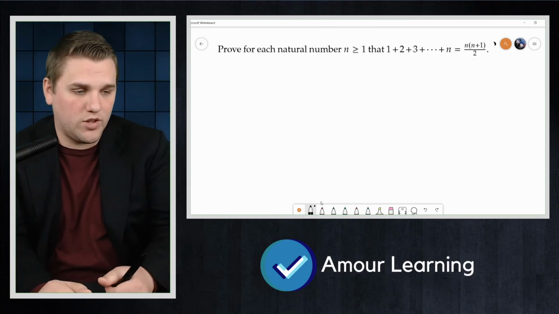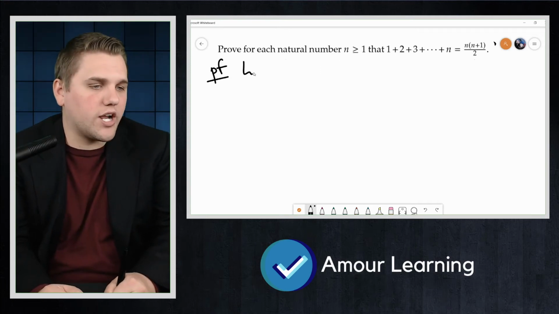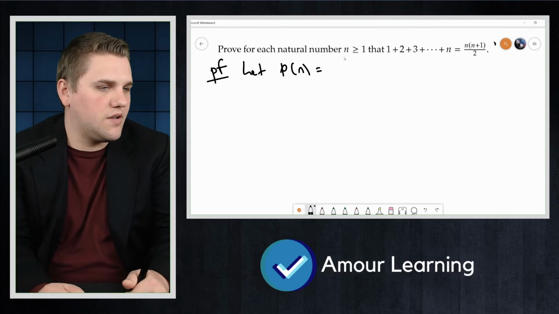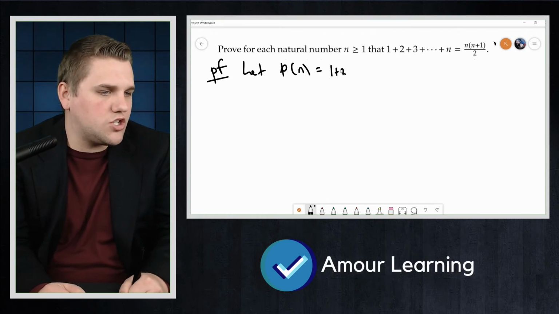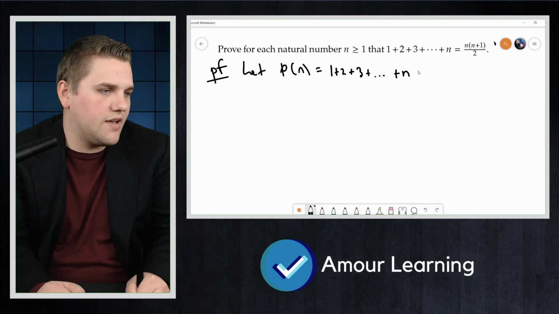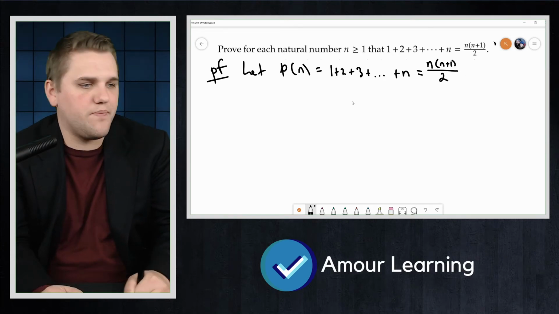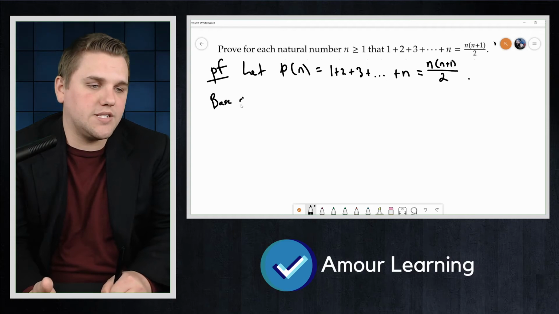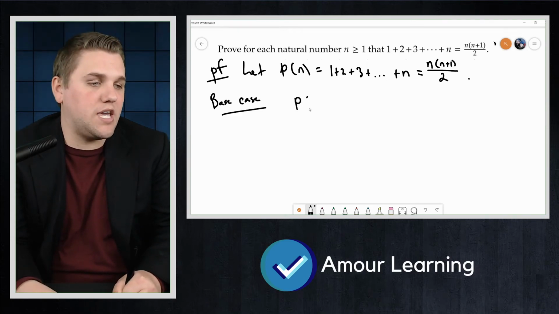Now, let's look at what the formal proof looks like. We're going to let P of n be the statement 1 plus 2 plus 3 plus all the way up to n equals n times n plus 1 all over 2. First off, we need to take a look at our base case, which in this case is P of 1.